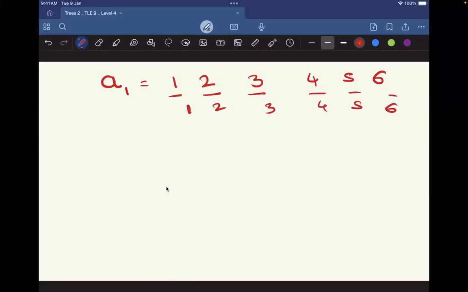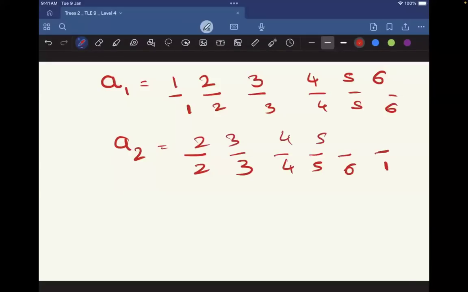All right, guys. Now, what does the question say? Before that, what is A2? A2 is you start from the second element, then third element, then fourth element, then fifth element. Now, similarly, what is A3? A3 is 3, 4, 5, 6, 1, 2.